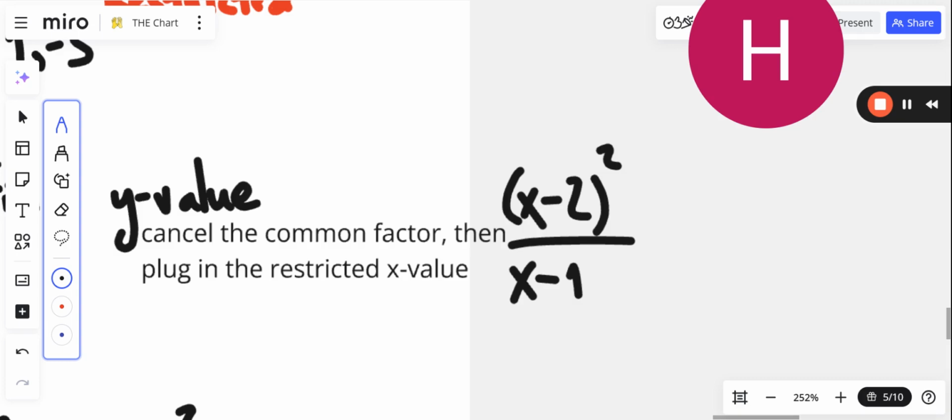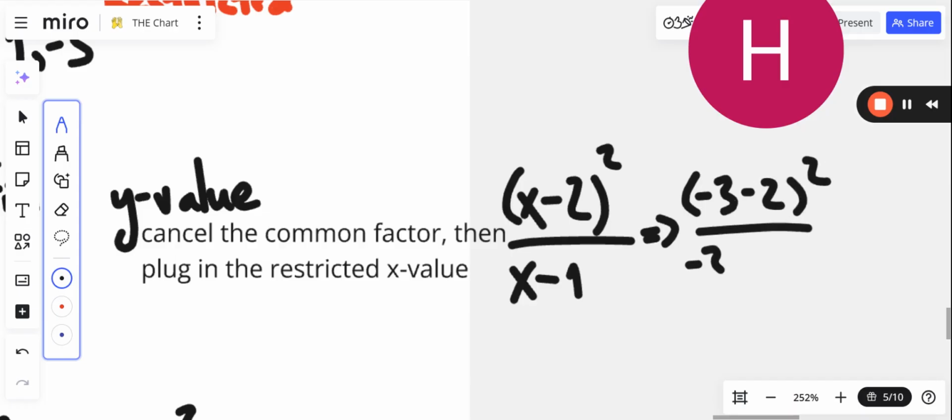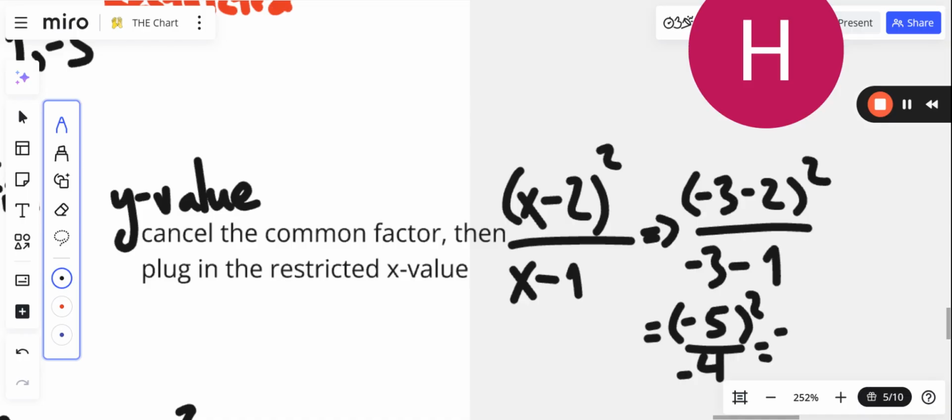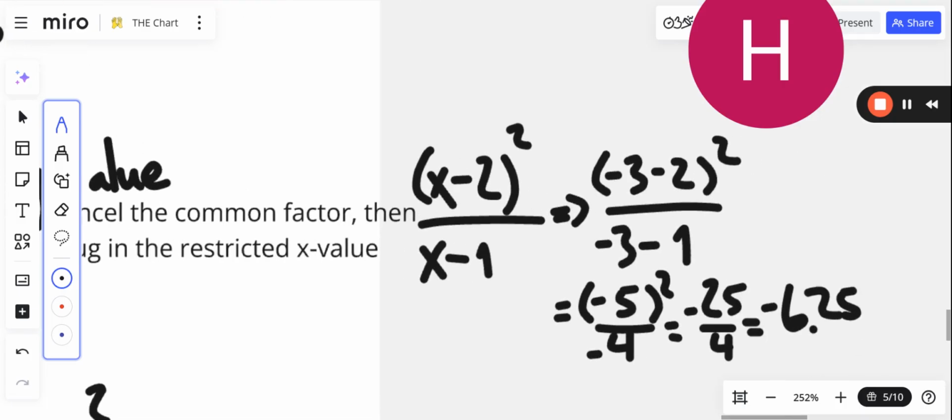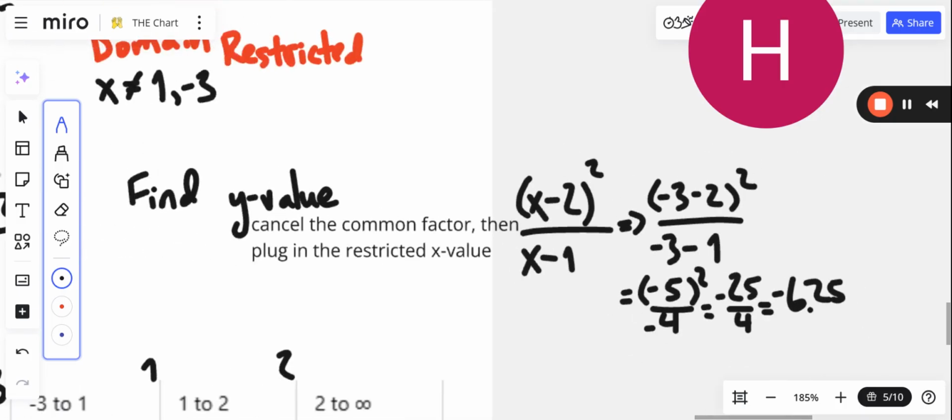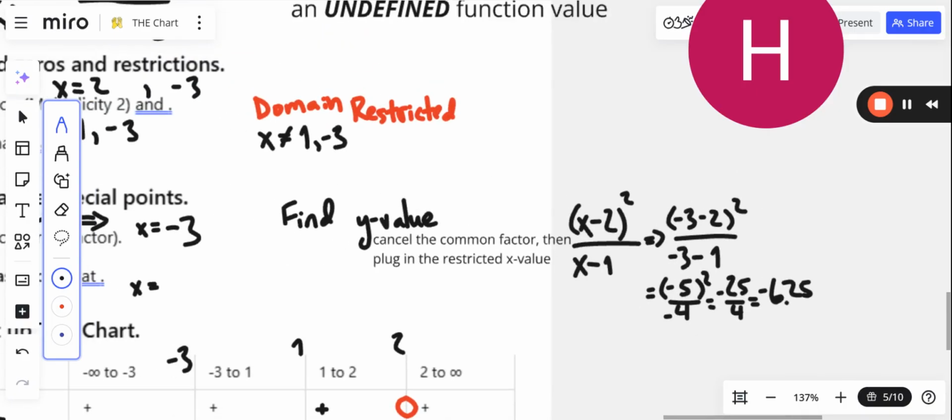If we plug in x equals -3, this turns into -3 minus 2 squared over -3 minus 1, which is -5 squared over -4, and that gives us -25 over 4, which is exactly -6.25. Not the nicest number, but that gives us the y value, the location of the hole.